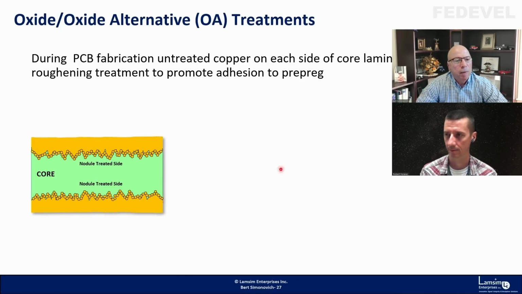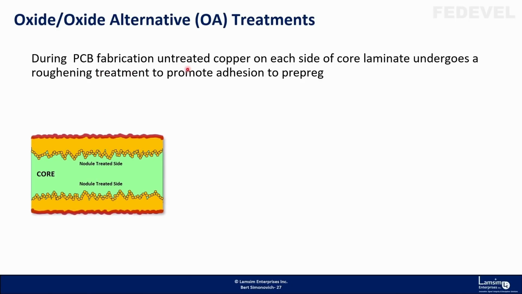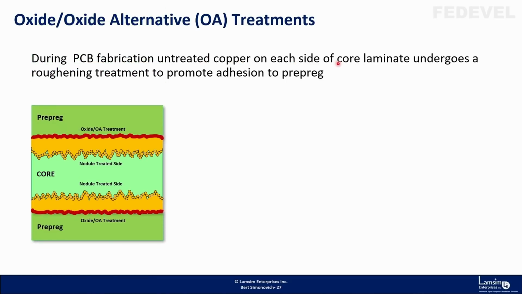During fabrication, the untreated copper on each side undergoes a roughening treatment. They have this oxide or oxide alternative, in red here. Your board shop does that treatment to all the cores before they laminate. So it can stick a little bit better. Yes, exactly.